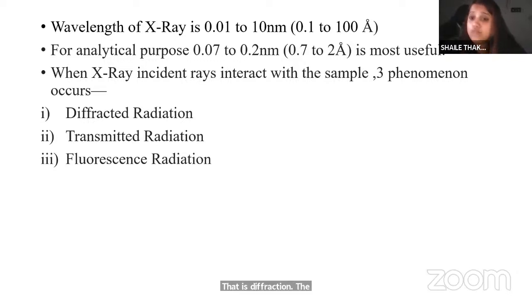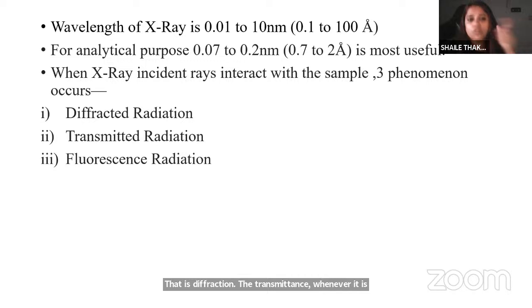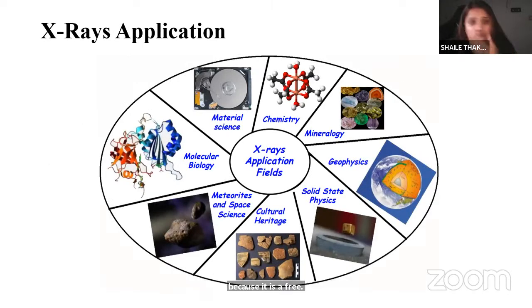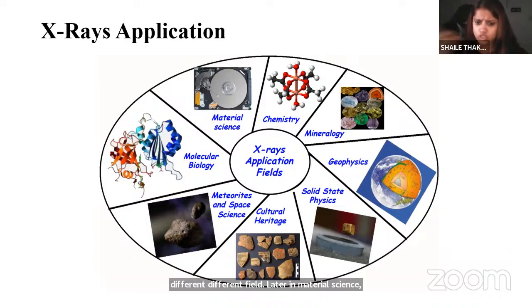Fluorescence. We'll discuss fluorescence because it is a phenomenon. This is the use of X-ray applications in different fields, like material science, biology, meteorites and space science, cultural heritage, solid state physics, geophysics, mineralogy, chemistry, forensic science.